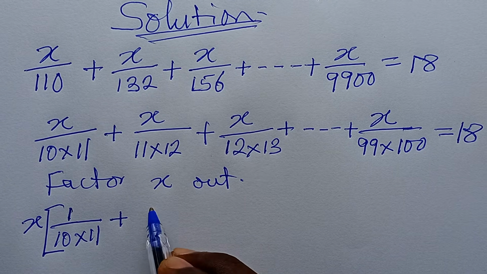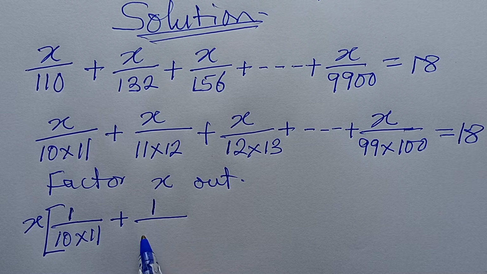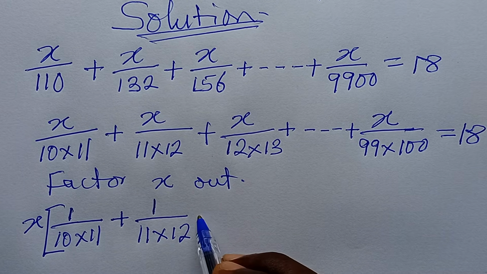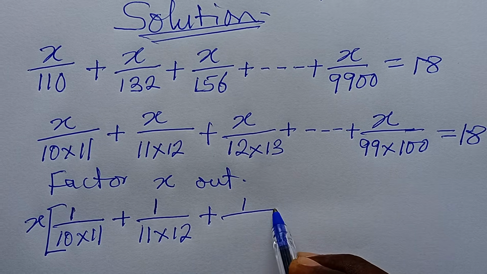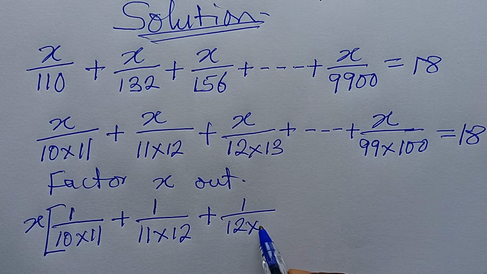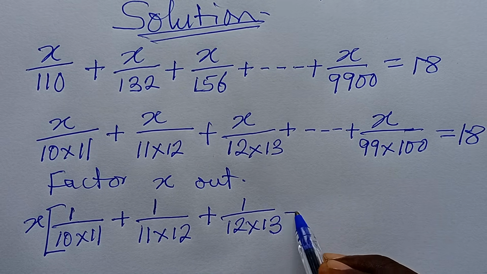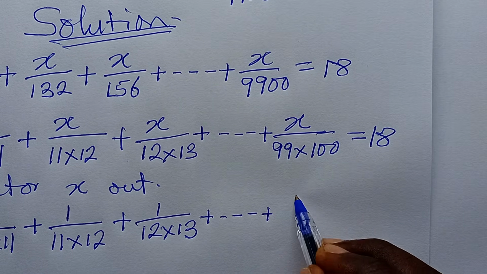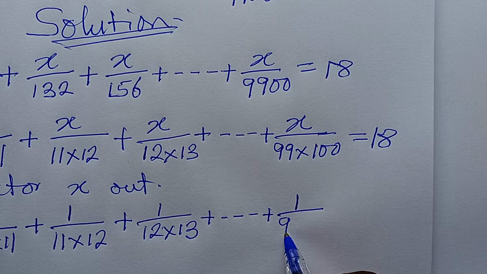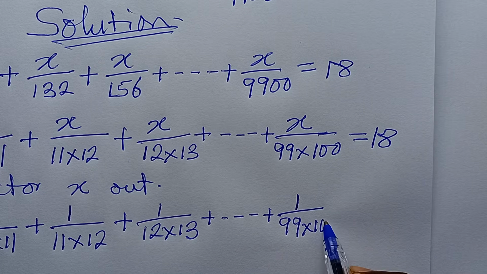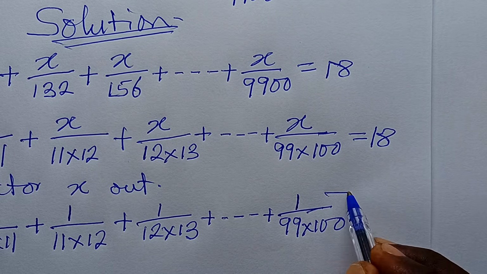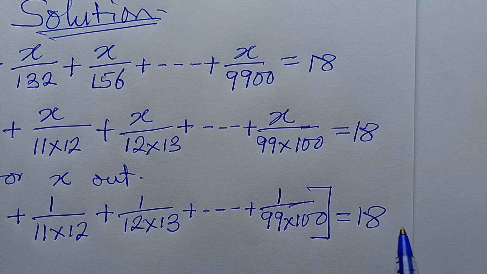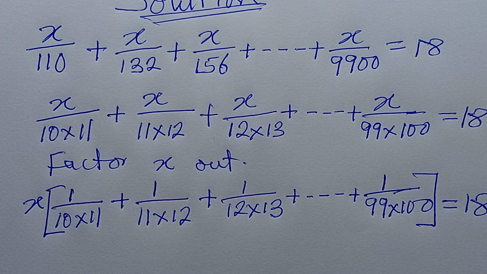There plus 1 over 11 times 12, right? Then plus 1 over 12 times 13. There plus dash dash dash, there plus until we get to 1 over 99 times 100. Then close bracket, everything equal to 18. Wow, this is good, right?